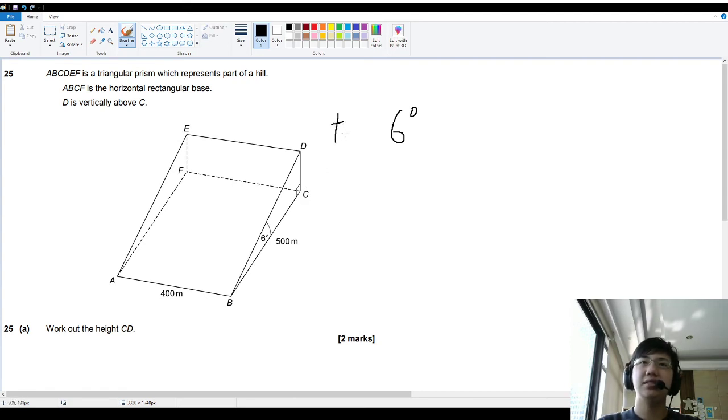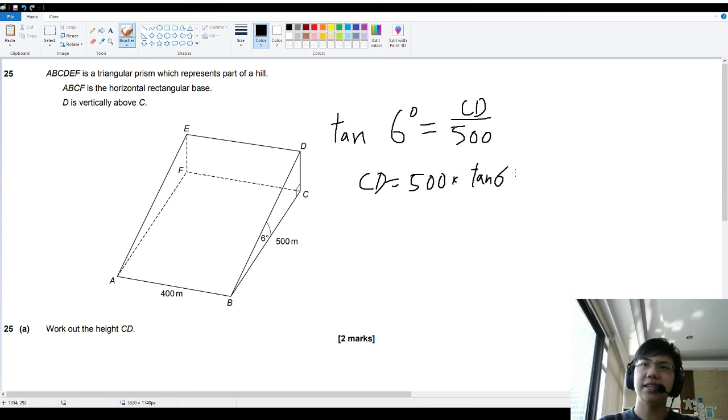Therefore, tangent is the most fitting trigonometric function. So the tangent of 6 degrees equals opposite over adjacent, which is CD over 500. So CD equals 500 times tan of 6 degrees.